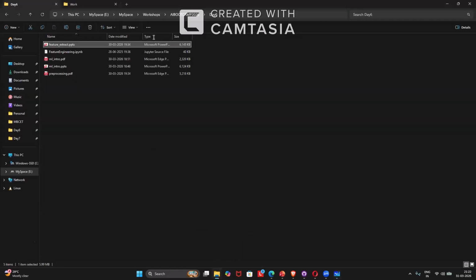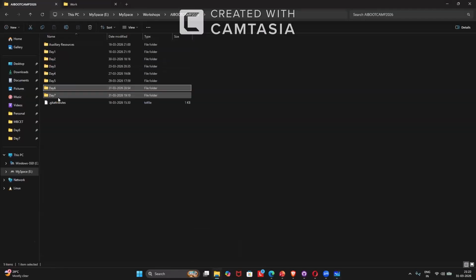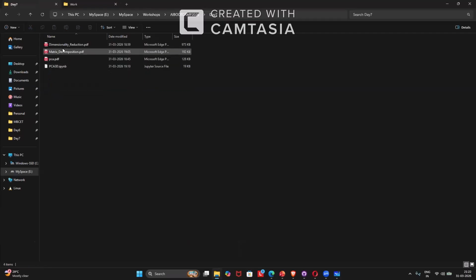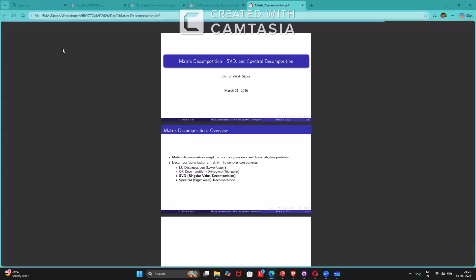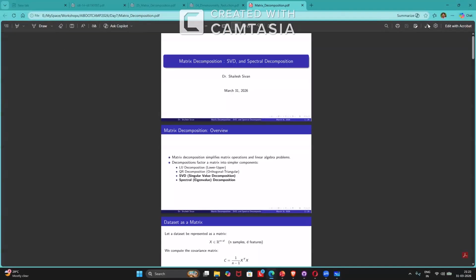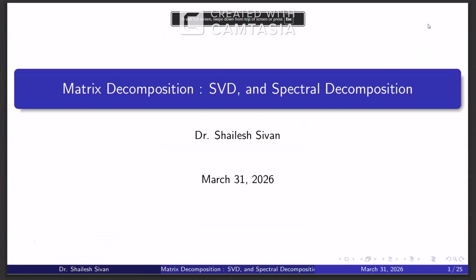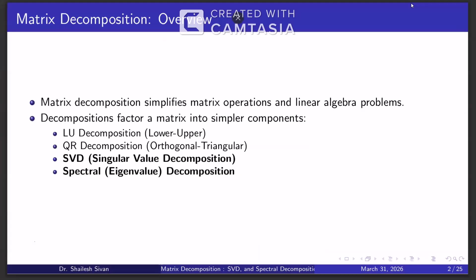Okay, so in day 7, I have shared one matrix decomposition technique. So in matrix decomposition, what is happening? See, matrix decomposition simplifies matrix operations and linear algebra problems. Decomposition factors a matrix into simpler components.